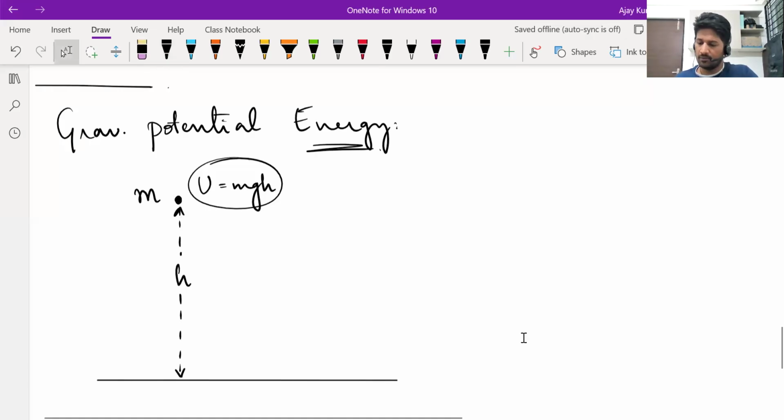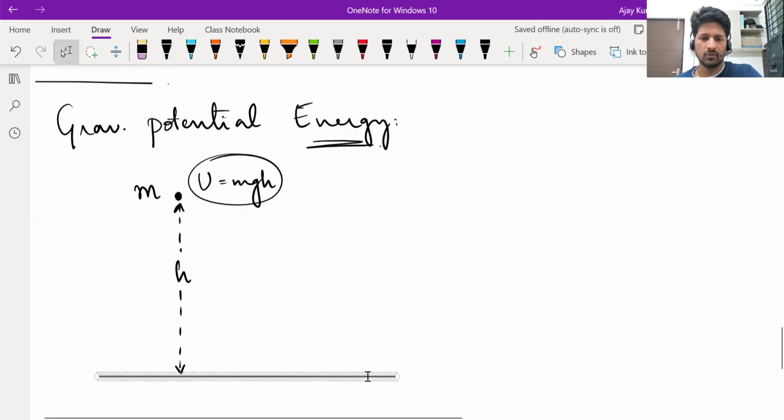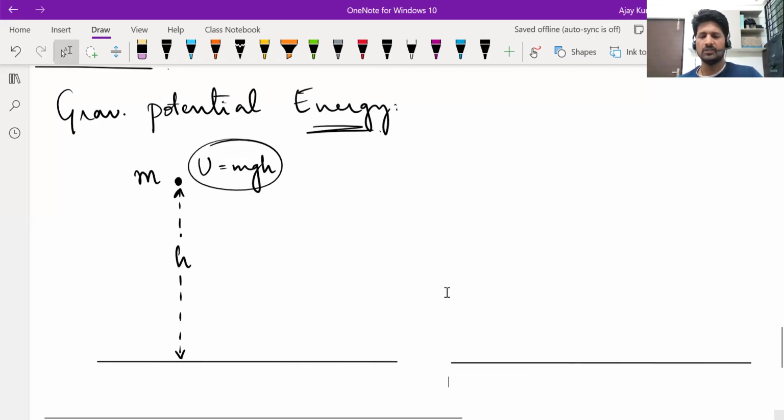But what if you are given a system whose dimensions are significant? Suppose there is a person standing on the ground, and you want to express the gravitational potential energy of the person. How can you do that? Let me give you an example.